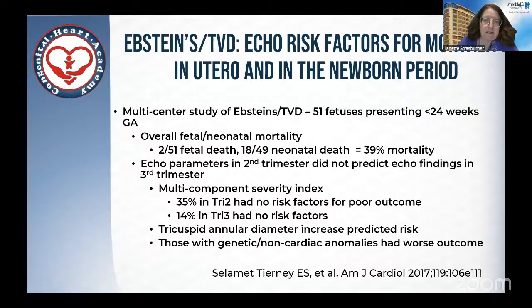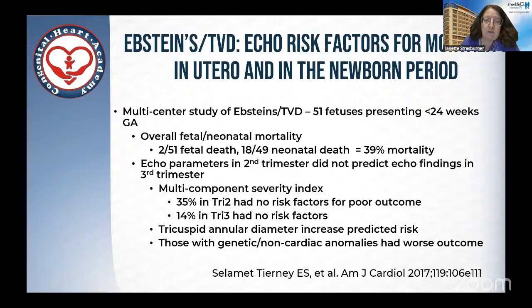So this is an interesting study that was published in 2017, a multi-center study of Ebstein's and tricuspid valve dysplasia in 51 fetuses. What they found was a death rate in utero of 2 of the 51 patients, but the neonatal death rate was quite high, 18 of 49, or 39%.